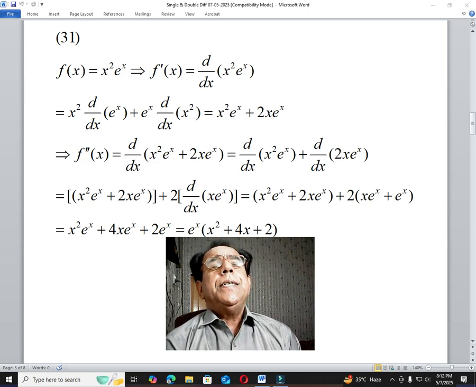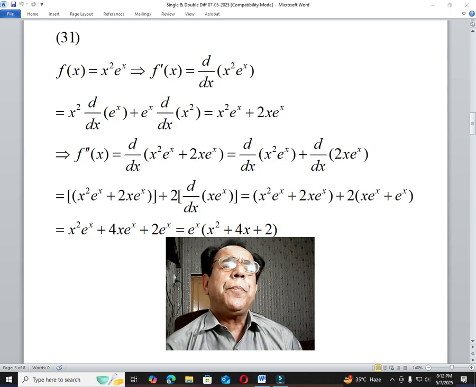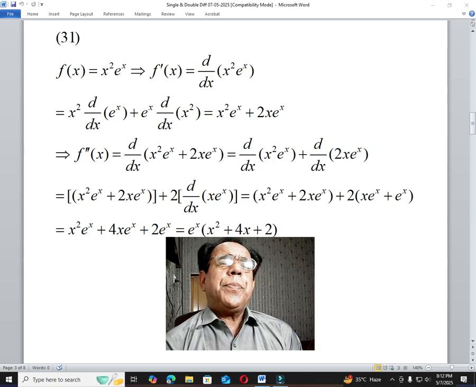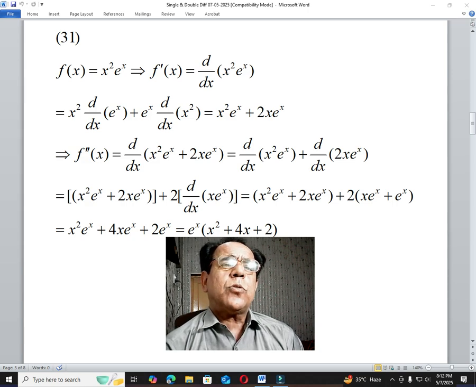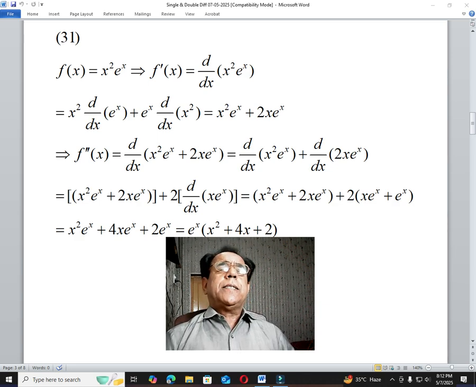So d over dx of x square e raised to power x will become equal to: first we keep x square as constant and differentiate e raised to power x with respect to x, and second time we keep e raised to power x as constant and differentiate x square with respect to x.